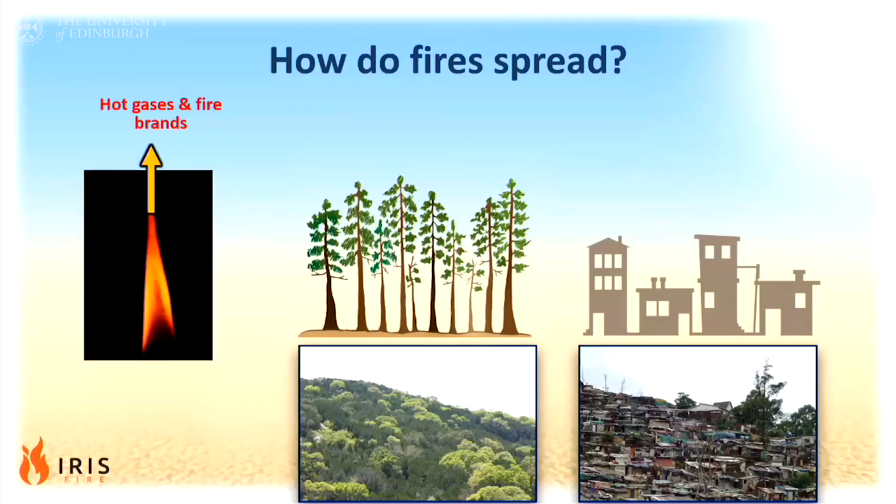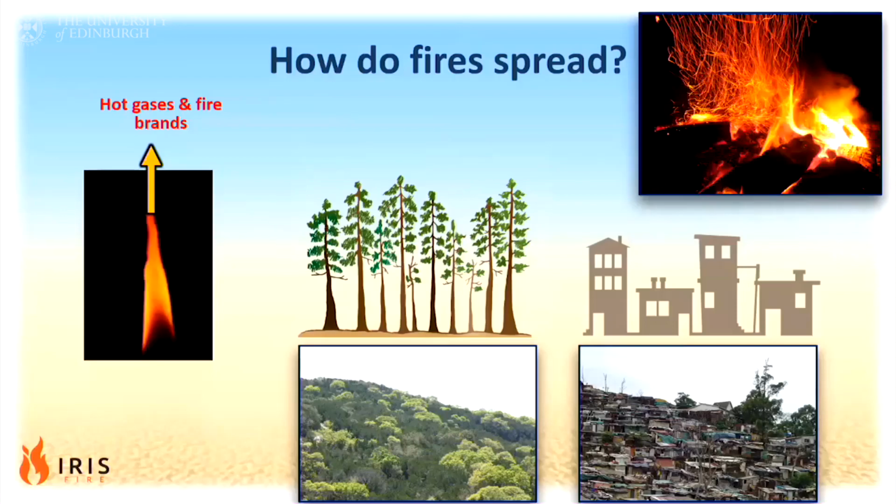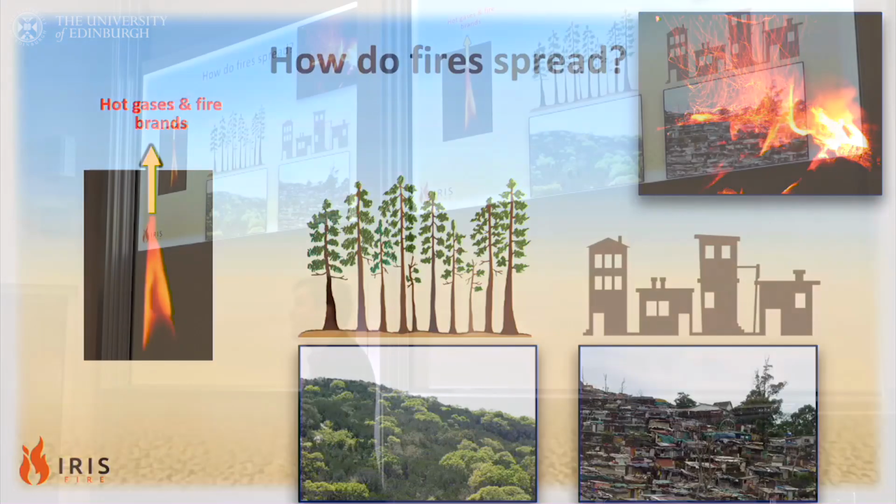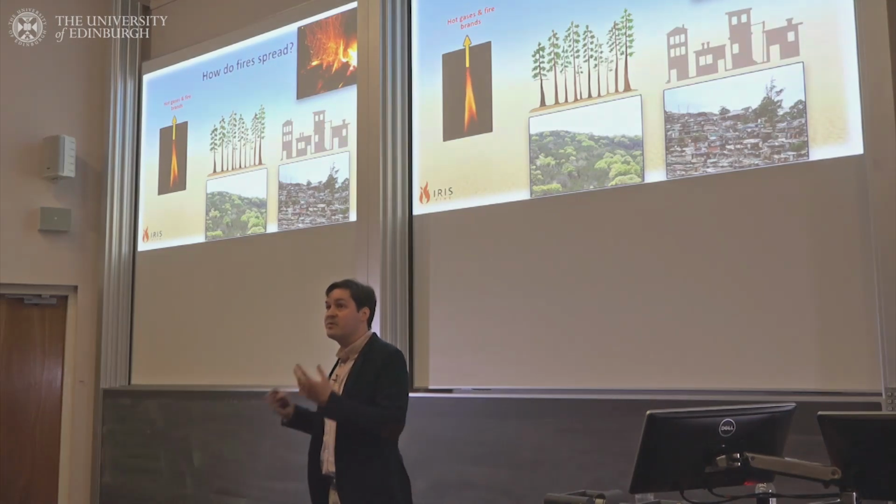So the first thing that we have is those hot gases being released. But we also have these things called firebrands. I know that in Mohammed's and your talk, there were a few questions about firebrands, and I heard a couple of questions asking what a firebrand is. If you imagine your bonfire, all these traces of orange up here in a time lapse, those are firebrands.